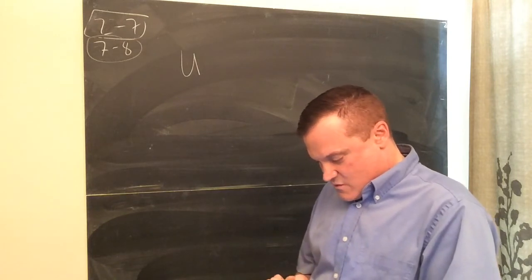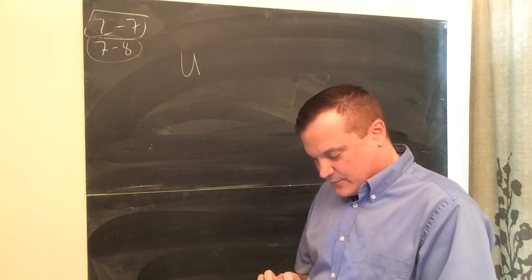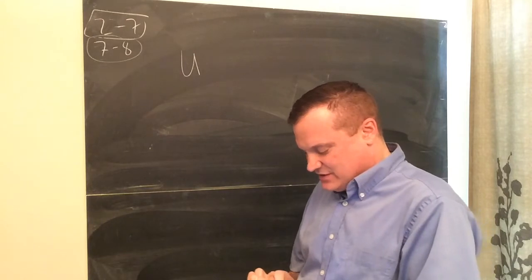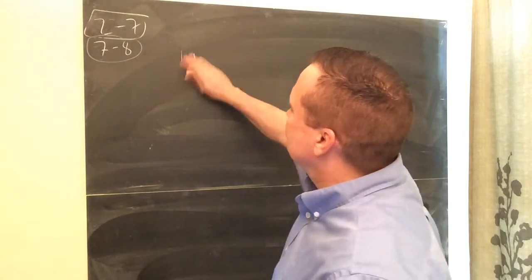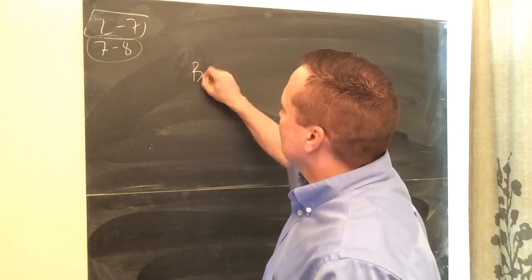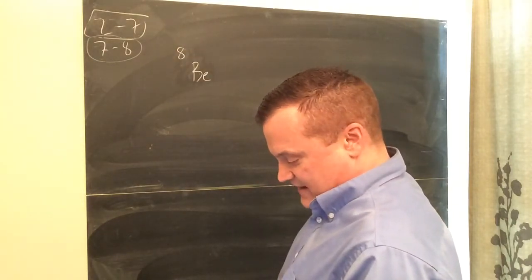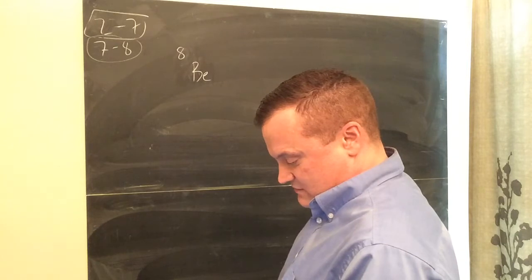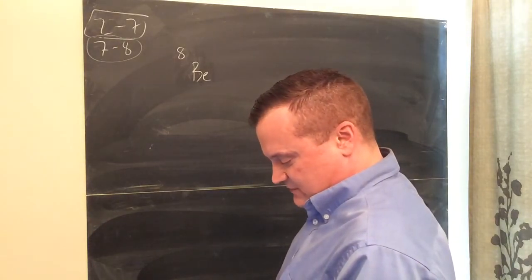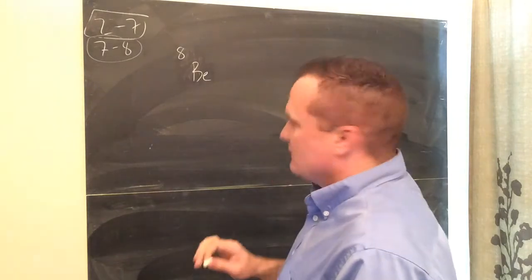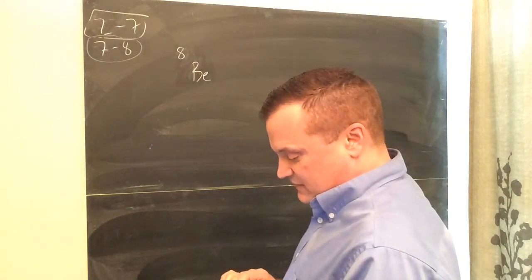Say you have beryllium-8. Now that's interesting, because beryllium-8, I would think of as not radioactive. Wow, it says it can do alpha decay. Maybe that's wrong. Maybe it's beryllium-9.